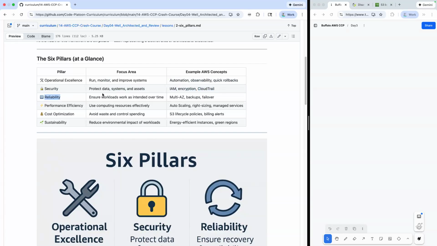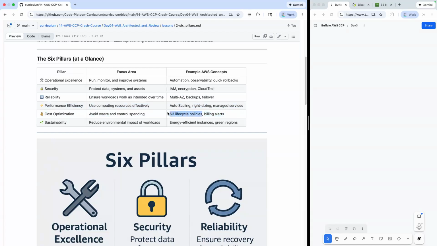Reliability, think that things work as they're meant to. So this is disaster recovery, multiple availability zones, failover. Performance efficiency, using our resources efficiently. So here we see auto scaling, right sizing, managed services. And there's some overlap now with cost optimization, right? Avoiding waste and controlling spending. So billing alerts.